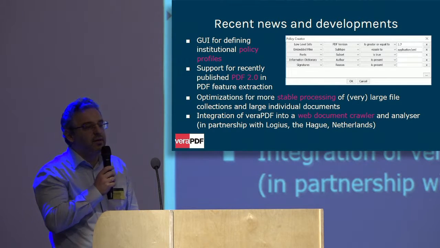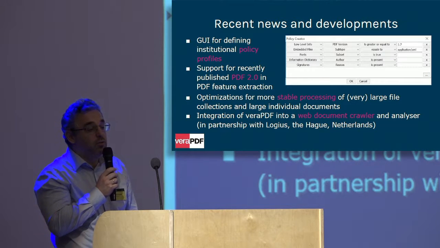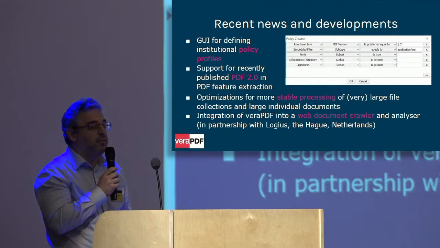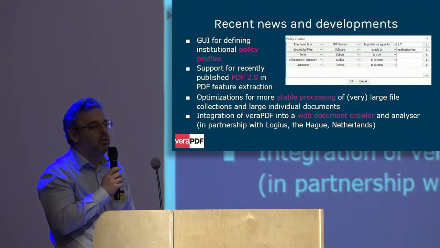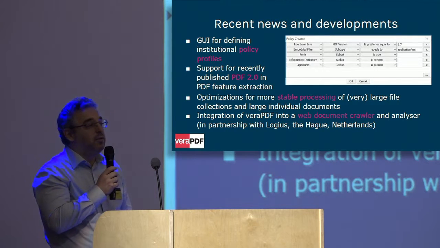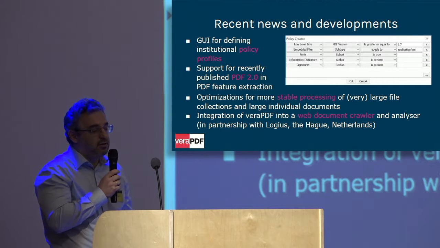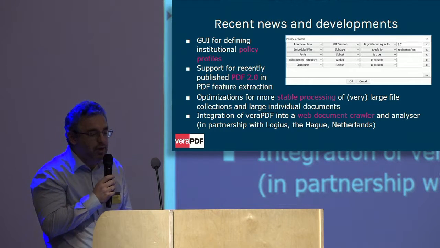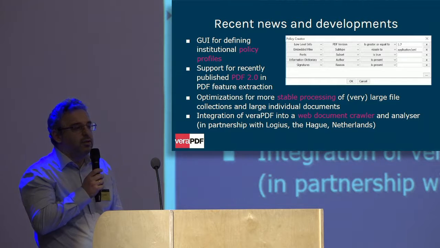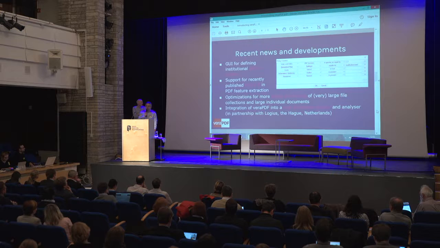We are quite early in the game, so we added the support for the format itself and the feature extraction. So if you want to analyze or build policies around PDF 2.0, even if there are no relevant PDFA standards, the tool is here.